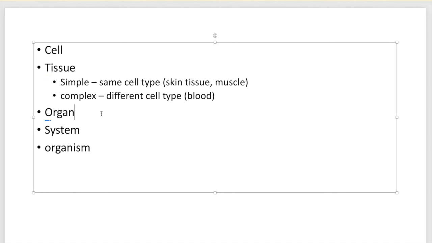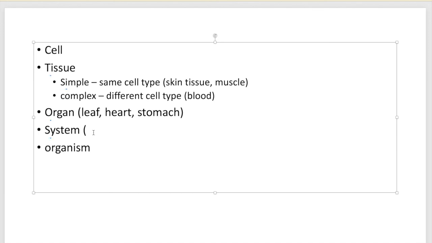Different tissue come together to form organ. For example, a leaf, xylem, fluid, tissue, mesophyll, all kinds of cells coming together. The heart, stomach, things like that. Many different kinds of tissue coming together to form these organs, like muscle, glands, okay, tubes, and things like that.